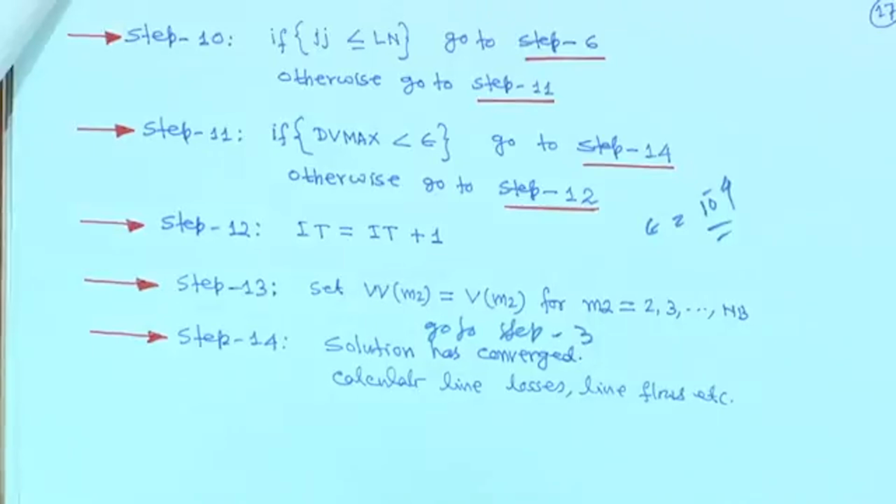Till now, first of all, there is no derivative involved, as happens in the Newton-Raphson load flow method. No derivative is there, and it is straightforward; you are only exploiting the radiality of the network.